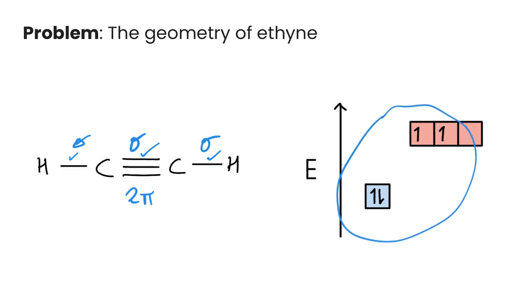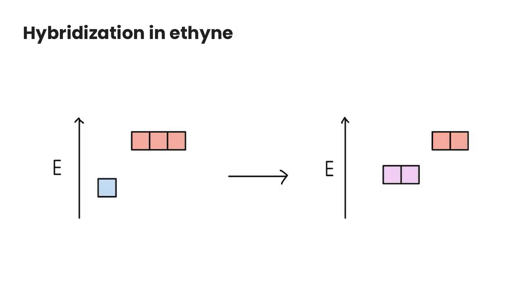So we need to create some hybrid orbitals in here. So looking at our diagram, we've got our 2 electrons, 1, 2 there, and then 1 each in the p orbitals. Now for this one, each carbon just needs to create our end-to-end or sigma bond overlap with 2 other things. So we need 2 hybrid orbitals.